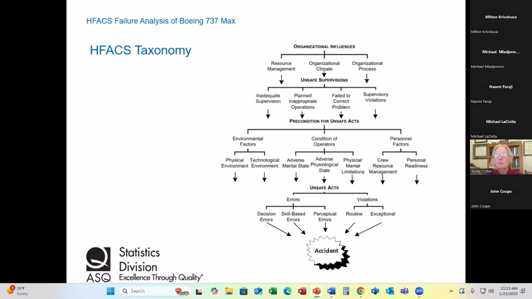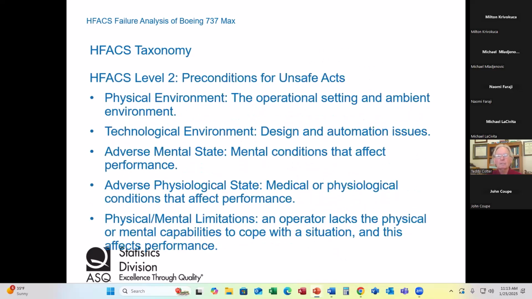Level 2, preconditions for unsafe acts. The physical environment, the operational setting and ambient environment in which we work. As a quality professional, particularly with visual inspection, we know that the lighting, the direct lighting, the ambient lighting, the structure of the work environment, all contribute to the ability to do visual inspection or to perform inspections.